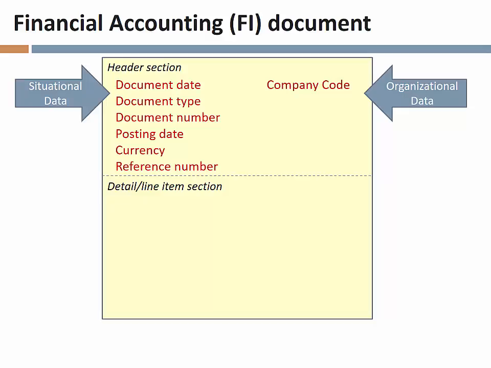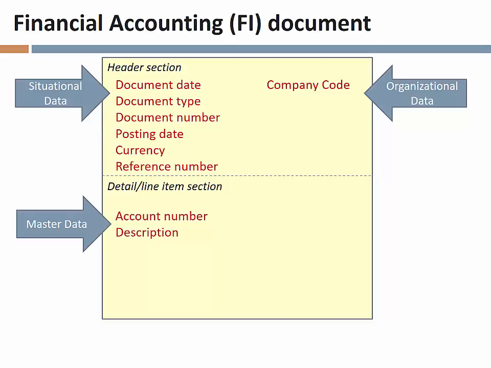So then when we look down at the detail and line item section, we see, first of all, account numbers and descriptions. That's there basically just to make sure that we don't make a mistake here. The computer would be just fine working with just the account number.